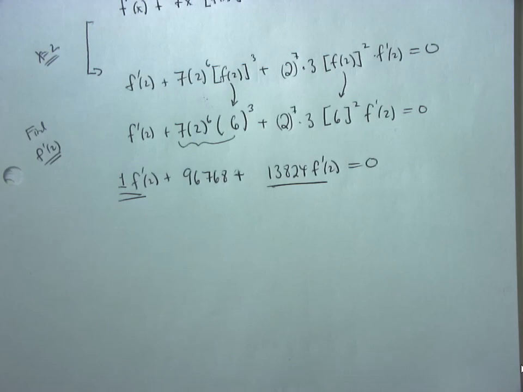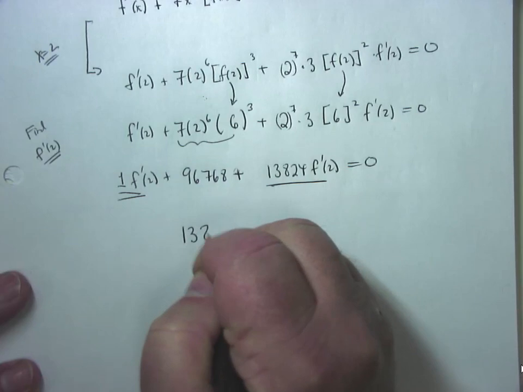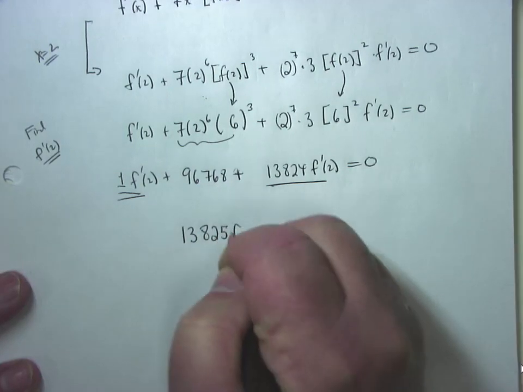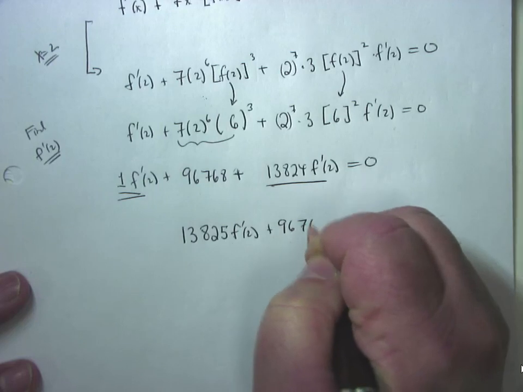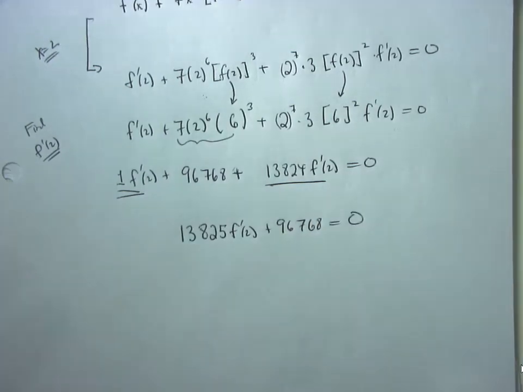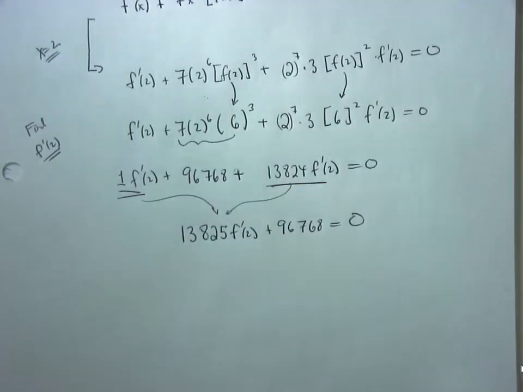How many f prime of 2's do you actually have? 13,825 f prime of 2's plus 96,768 equals 0. That right there kills students for some reason. They can handle 2 f prime of 2's plus 3 f prime of 2's. They can do that. But once I do 1 f prime of 2 plus 13,824 f prime of 2's, they fall to pieces on that one.